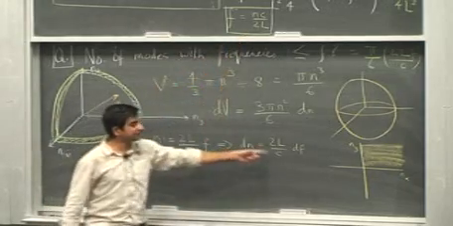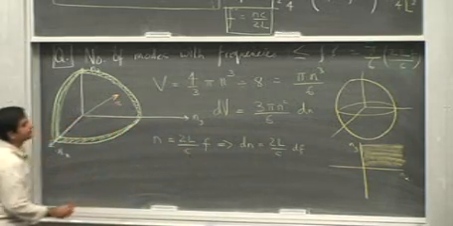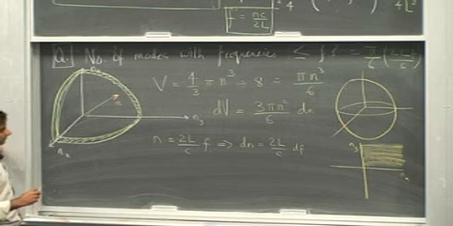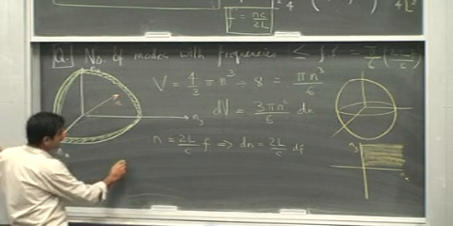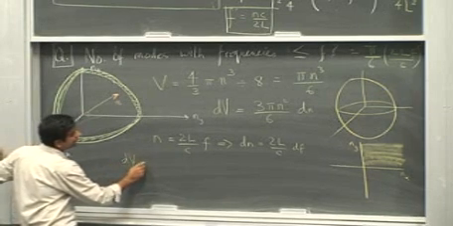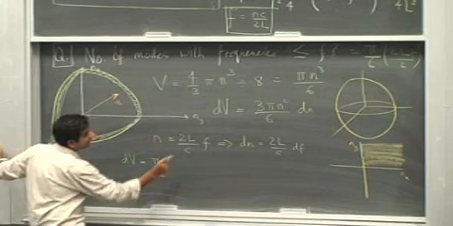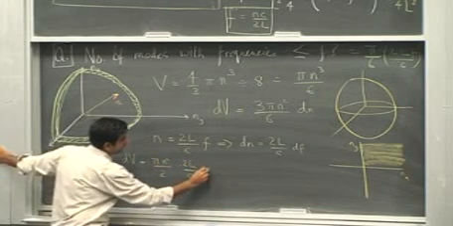So dn equals this, which means dV will equal pi n squared over 2. dn is 2L over c df.